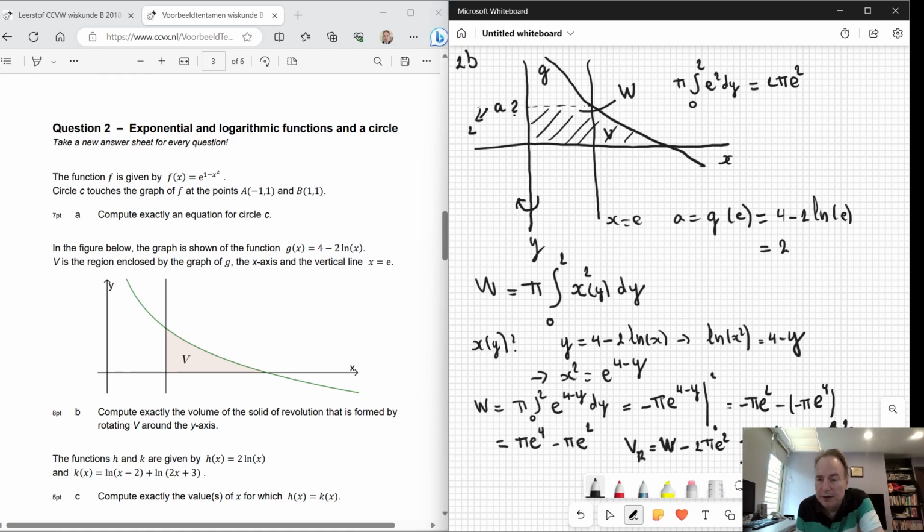Which you can simplify a little bit. I don't think you will lose points if you don't do that, but you can factorize pi times e to the power 2, so e to the power 2 minus 3.